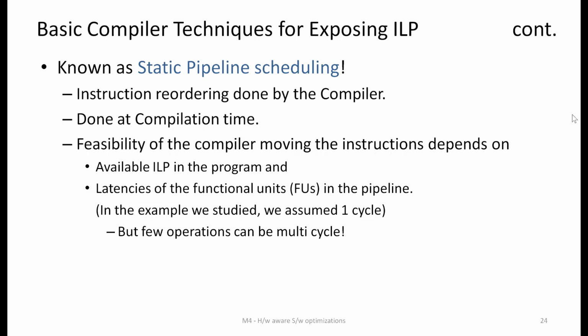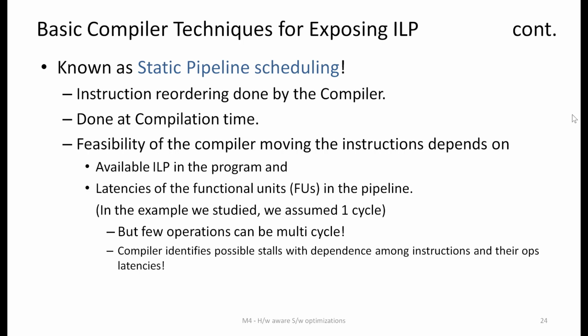So in that case, the compiler needs to find so many safe instructions to place between the producer and consumer. It might not always find so many instructions. In that case, we will eventually end up with a stall. So during the compilation time, the compiler identifies all the possible stalls based on the dependencies and based on the operation latency, and tries to fill them with safe instructions.